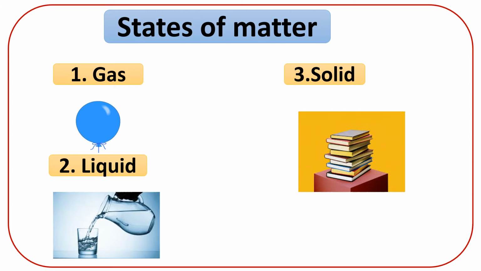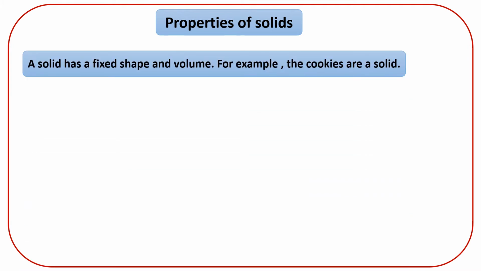Okay? Thank you. So let's look at properties of solids. These states of matter have different properties. Let's first look at properties of solids. A solid has a fixed shape and volume.